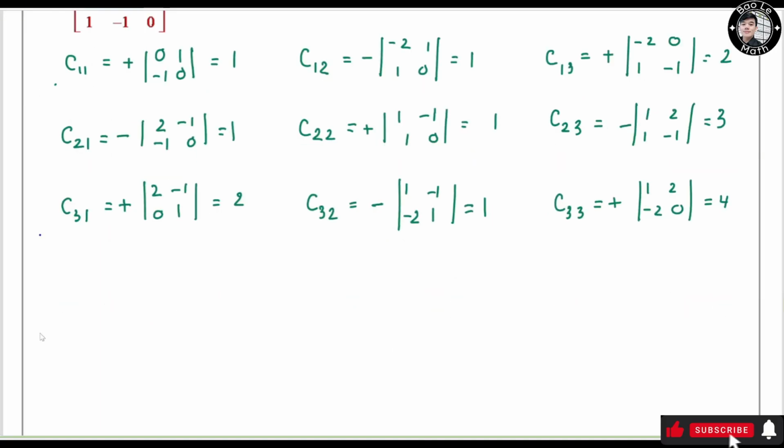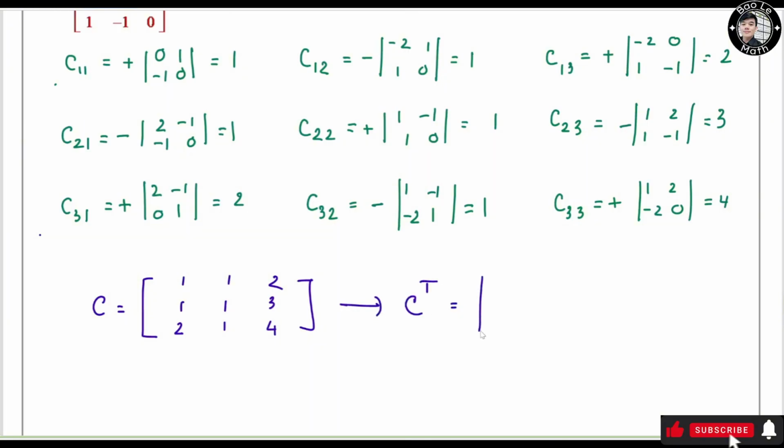Now we need to create the matrix of cofactors. So we have C equals, you just copy these values down. So it's 1, 1, 2, 1, 1, 1, and 2, 3, 4. Then you're going to create the adjoint matrix by transposing the cofactor matrix, which is C transpose right here.